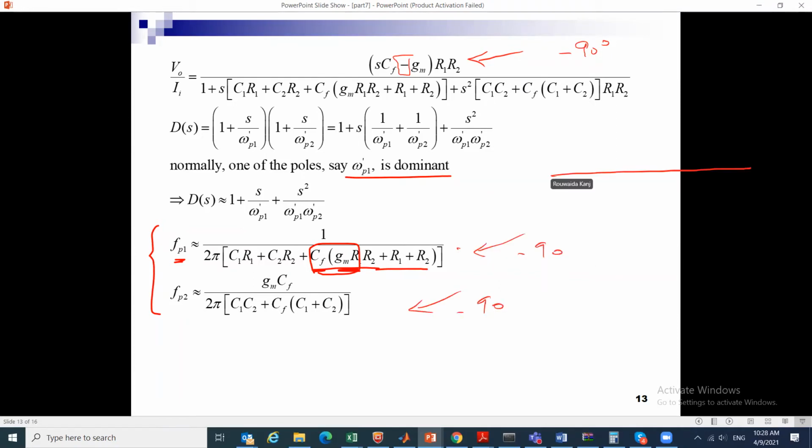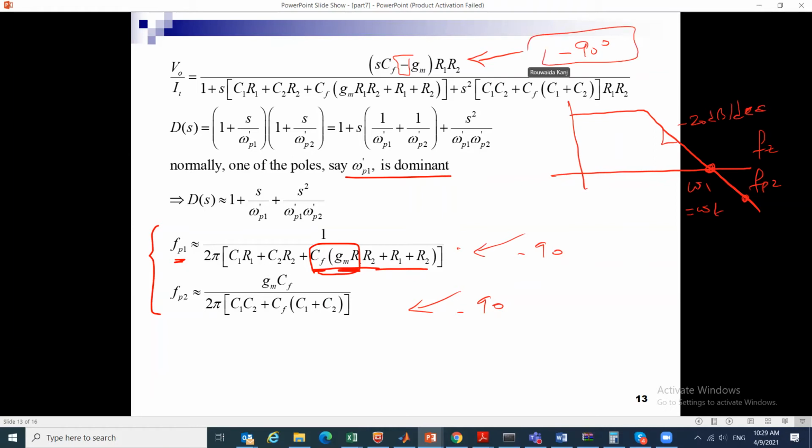So what is happening here is I want to guarantee that when I intersect the 0 dB or the 20 log 1 over beta in this example, this omega 1, which happens to be equal to omega t, happens before fp2 and happens before fz. I want it to happen in the minus 20 dB per decade region, before I see a strong contribution from the phases of the other pole and zero, the remaining ones.